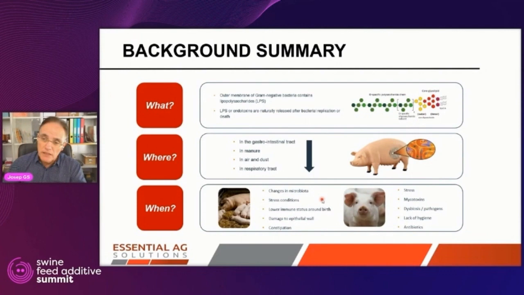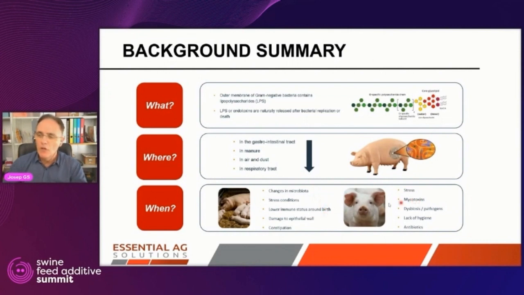When do we have an endotoxin issue? Even with healthy animals we may have it, of course, but also any production condition that implies an increase of gram-negative bacteria, any changes in microbiota, stress conditions, low immune status, or damage in the epithelial wall.